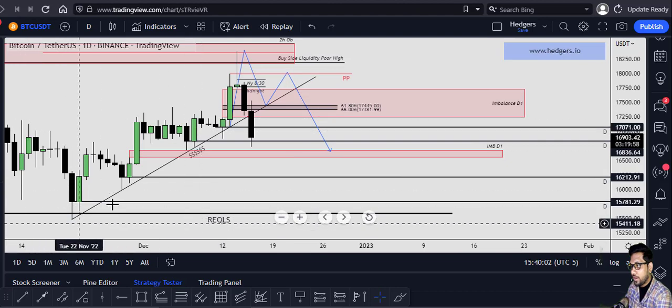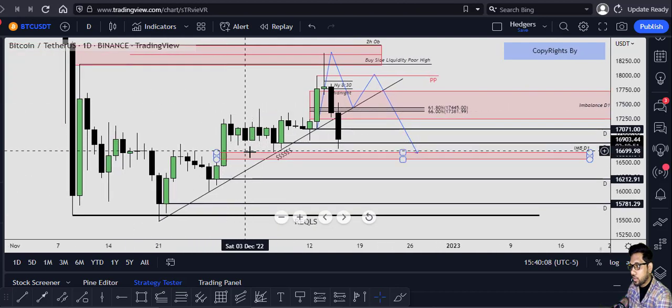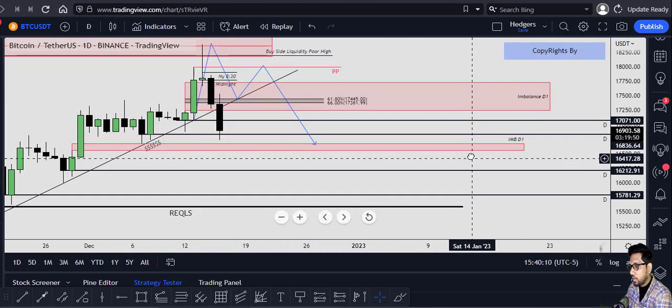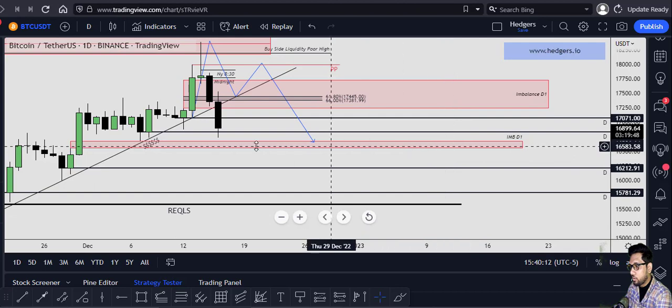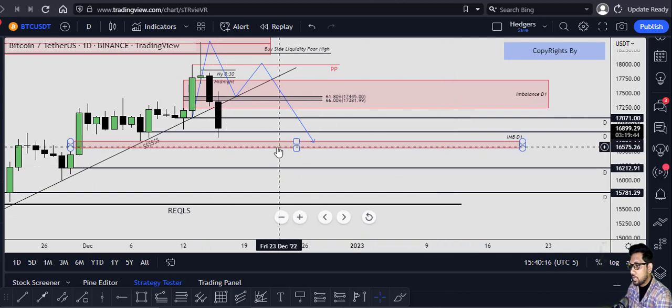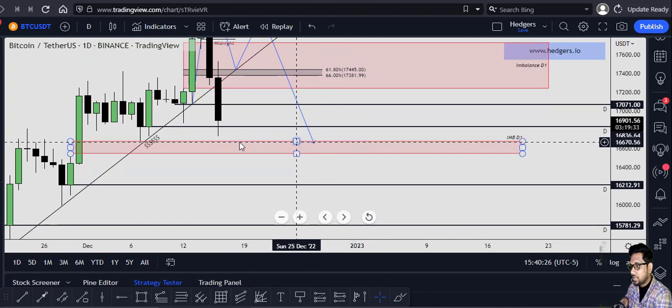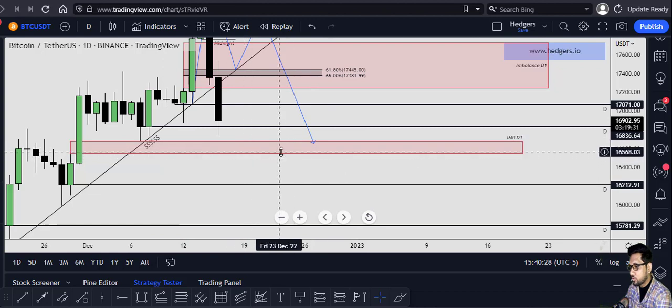The trend line that the moon boys were looking at has been rigged already to the downside. And now what I am looking for right now is an immediate support for a scalp long, and this is the area of confluence for a long scalp in this imbalance zone.